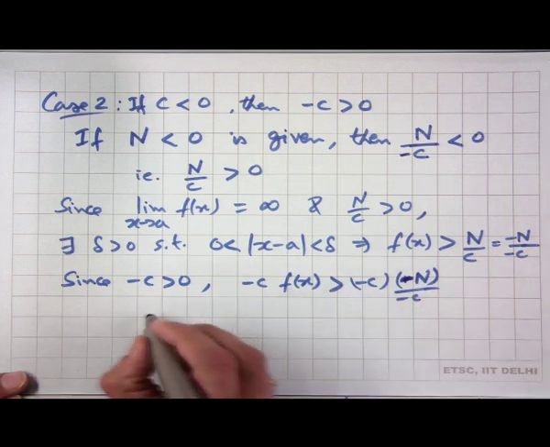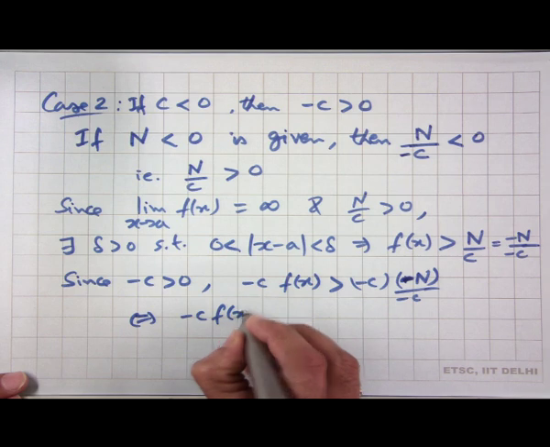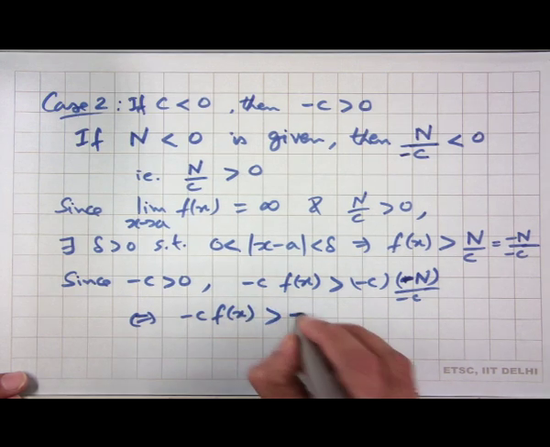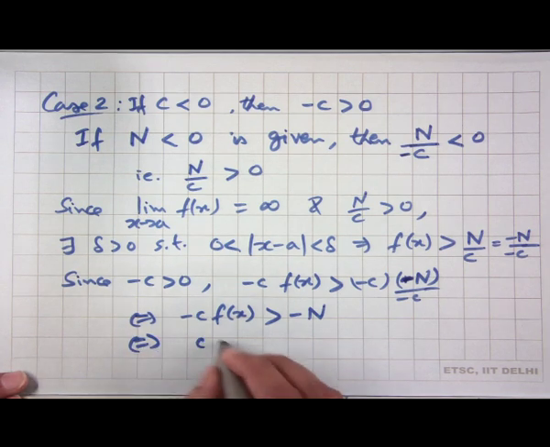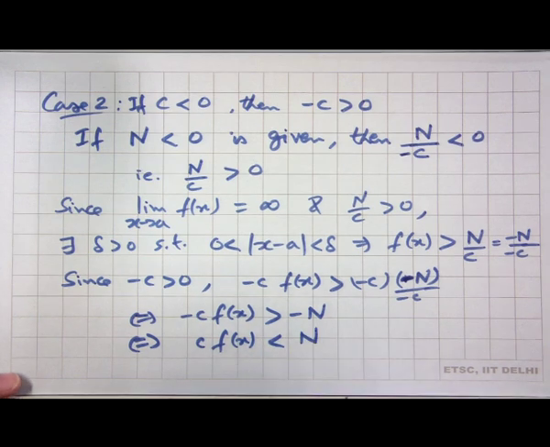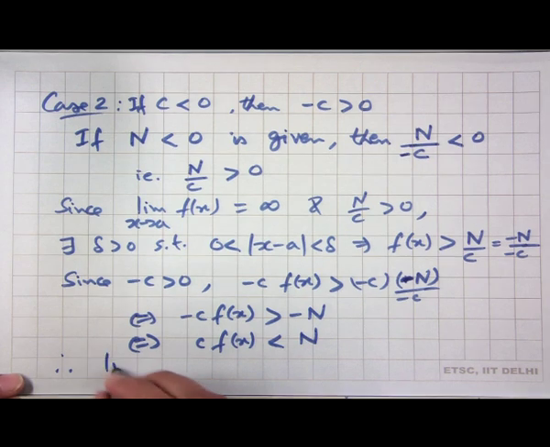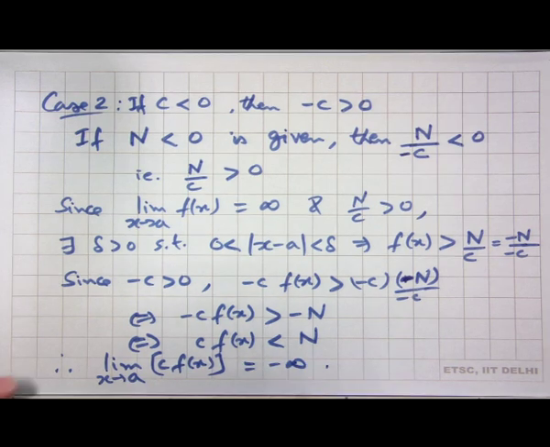That is minus c f x is greater than minus n, and which is equivalent to writing c times f x is less than n. So, therefore, by the definition, limit of c times f x is equal to minus infinity.